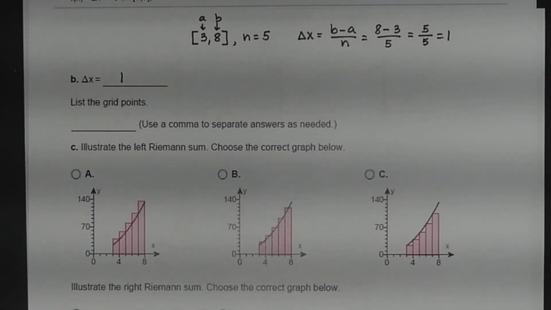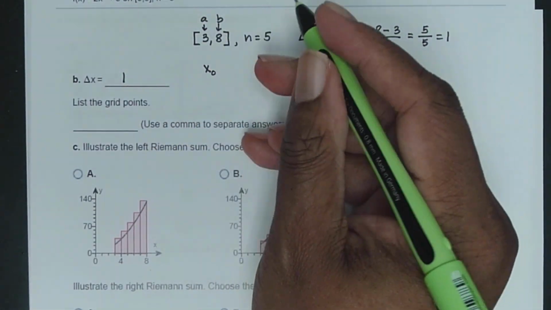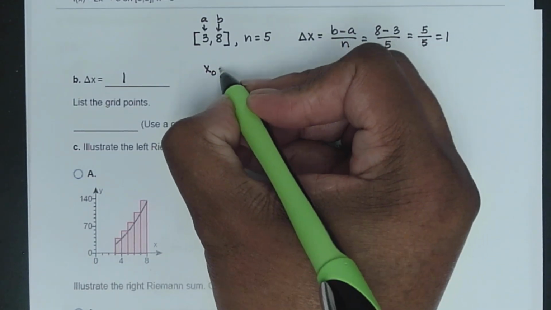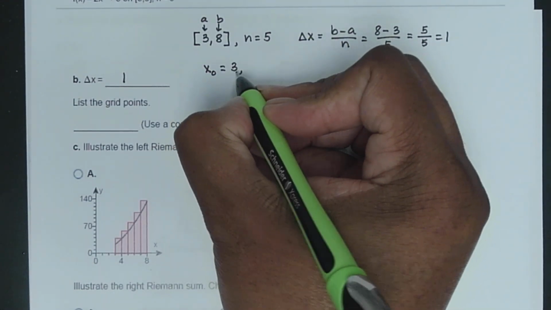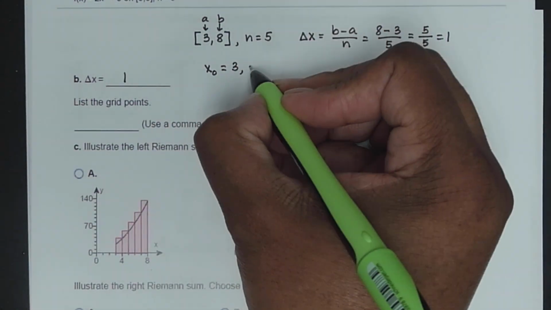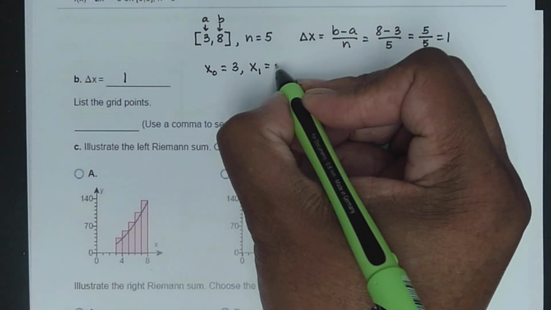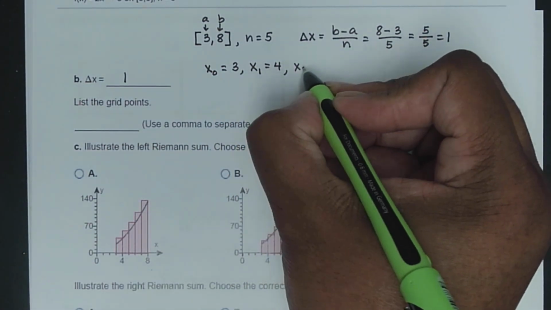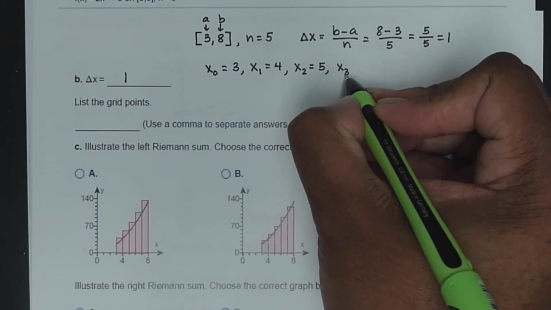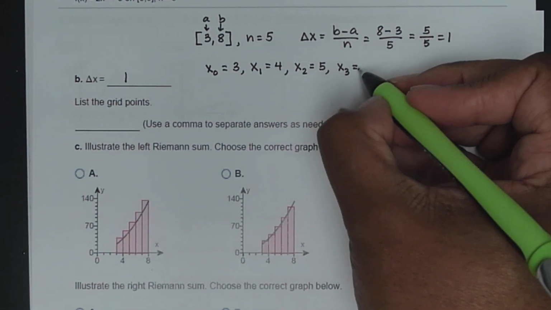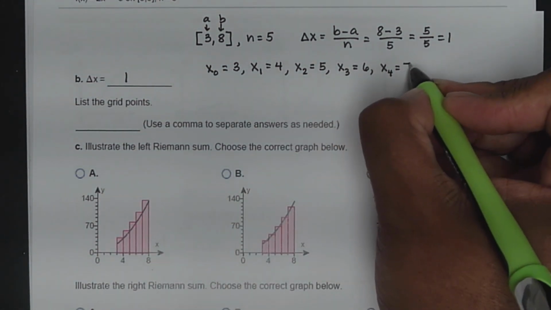All right, so now let's find out what our grid points will be. We start with x sub 0. That's going to be the left endpoint in that interval, which is 3. But keep in mind delta x is 1, so x1 will be 3 plus 1, which is 4. For x2, add 1 to that 4, you get 5. For x3, add 1 to the 5, you get 6. For x4, add 1 to that 6, you get 7.